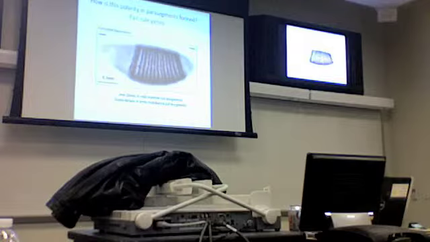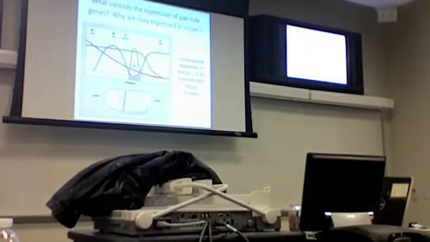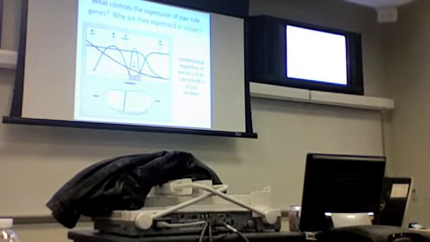The reason why I talked to you about reporter genes is that the way these pair-rule genes were studied was by taking the regulatory regions of the genes in these different stripes and studying them, seeing why Eve is expressed here and why fushi tarazu is expressed in the next stripe. As you would guess, how the gap proteins are expressed controls where the pair-rule genes are going to be.